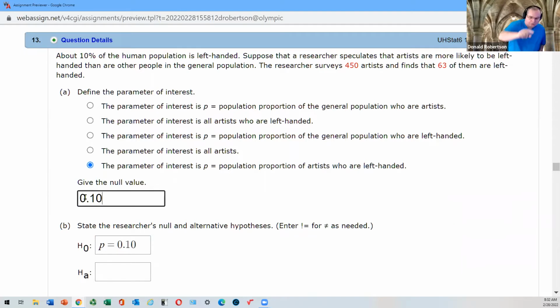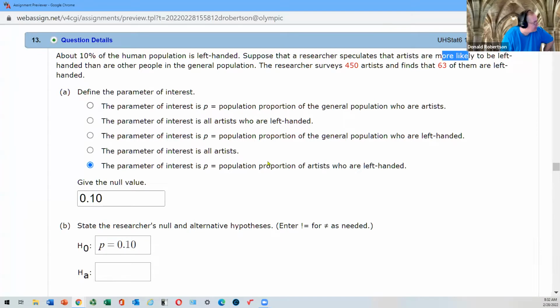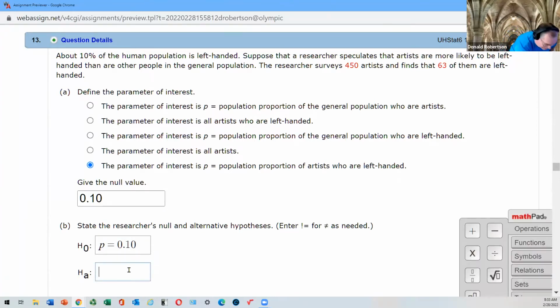It's also called in textbooks P with a little baby knot next to it, P-naught. The null hypothesis is that one, and we believe they're more likely. So we are thinking that the percentage of artists who are left-handed is greater than 10%.